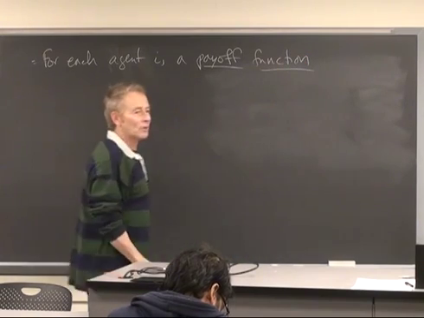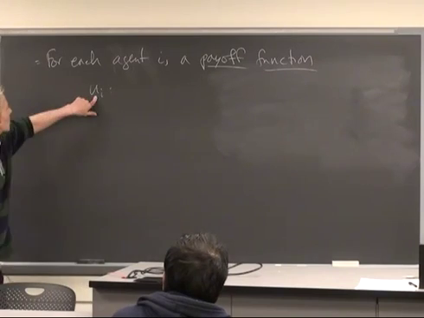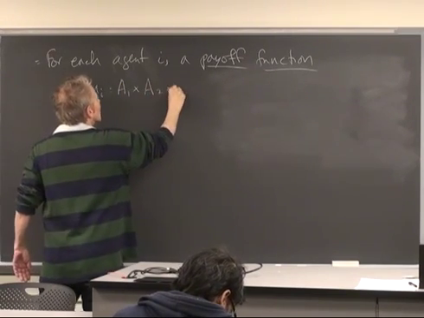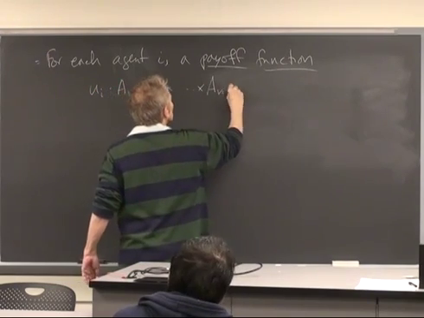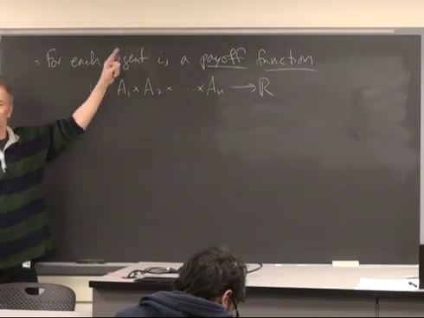And what is this payoff function going to be? It's going to be a scalar valued function, u sub i, from the Cartesian product of all the action spaces into the reals. Is everyone familiar with this notation?